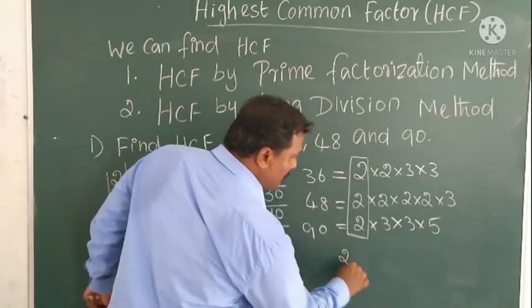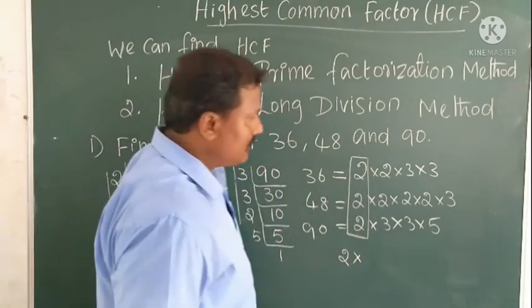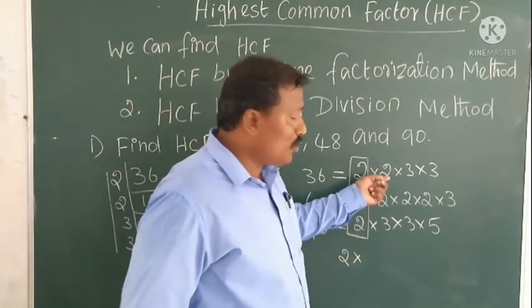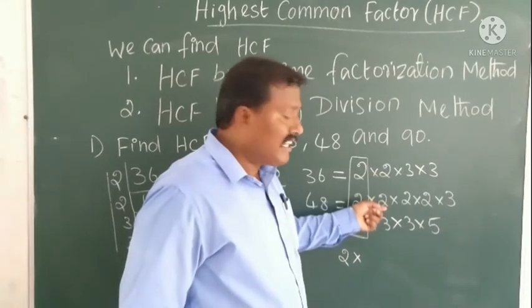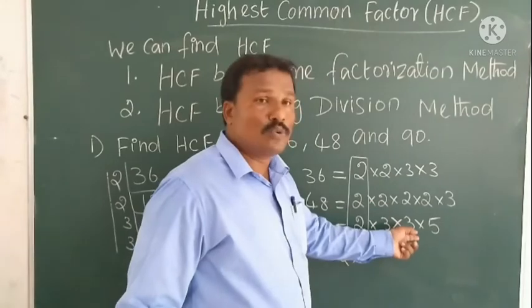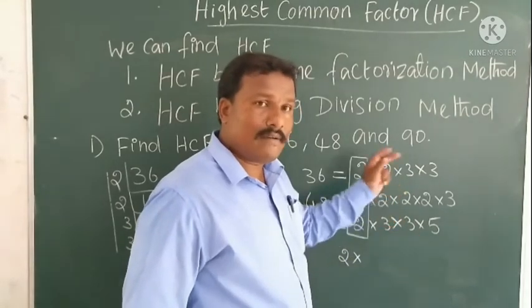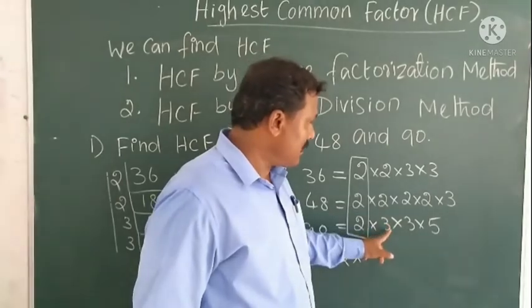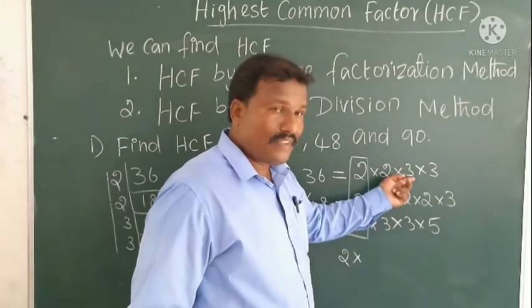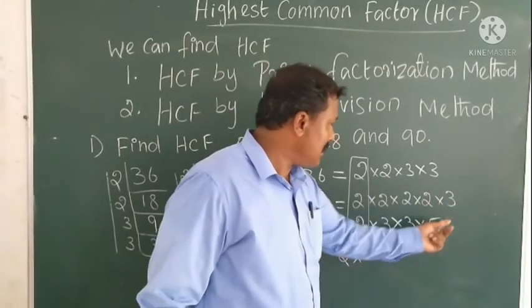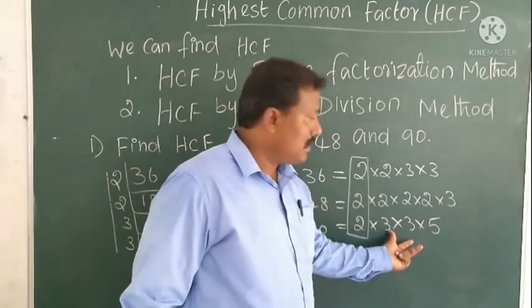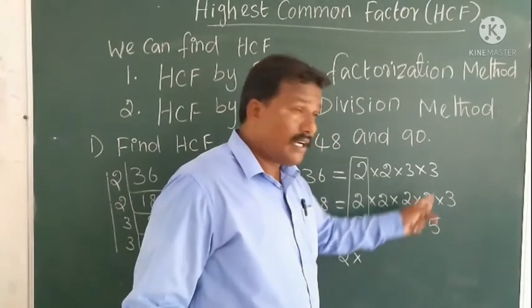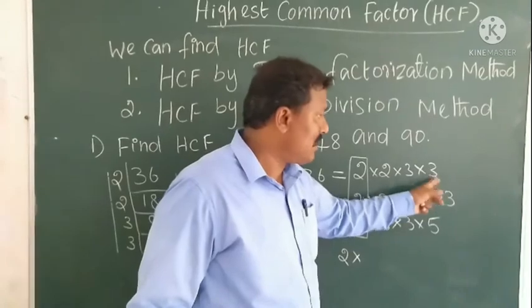So 2 is common. Here one more 2 is there, here also one more is there, but here there is no 2. So we can't take 2 next time. Then if you see 3, here 2 times, here 1 time, here 2 times. But if you see 3 as a common factor, here 1, 1, 1.